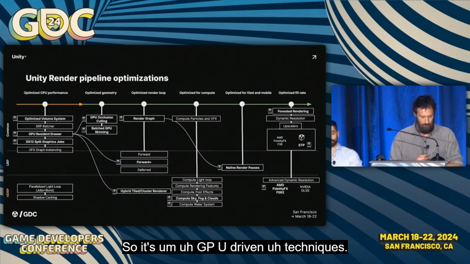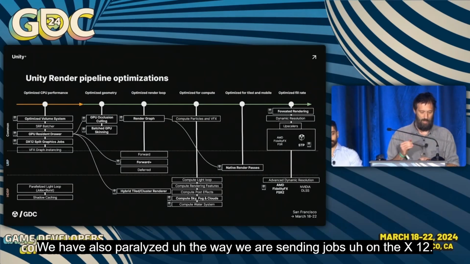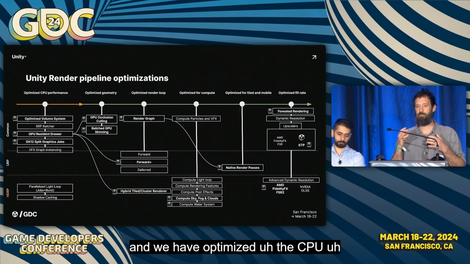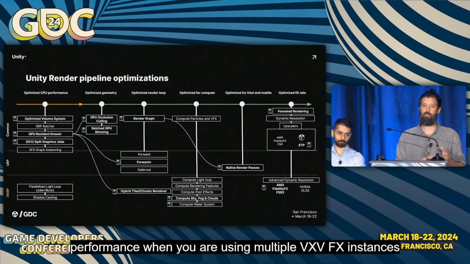So it's GPU-driven techniques. We have also parallelized the way we are sending jobs, so we split graphics jobs. And we have optimized the CPU performance when you're using multiple VFX instances.